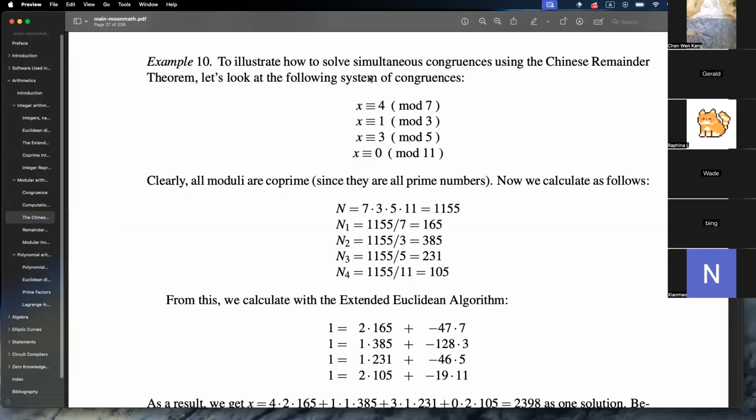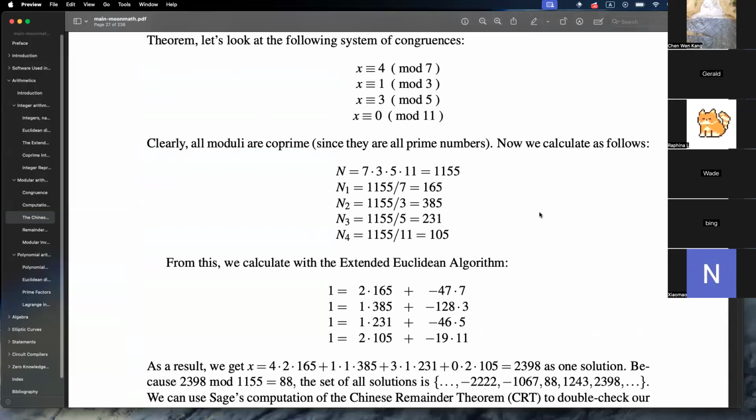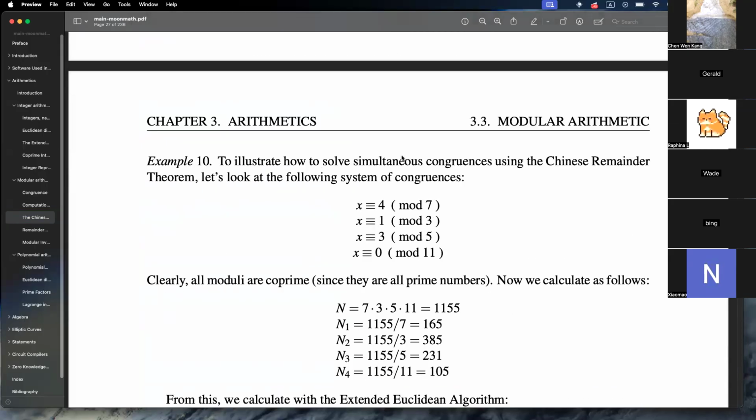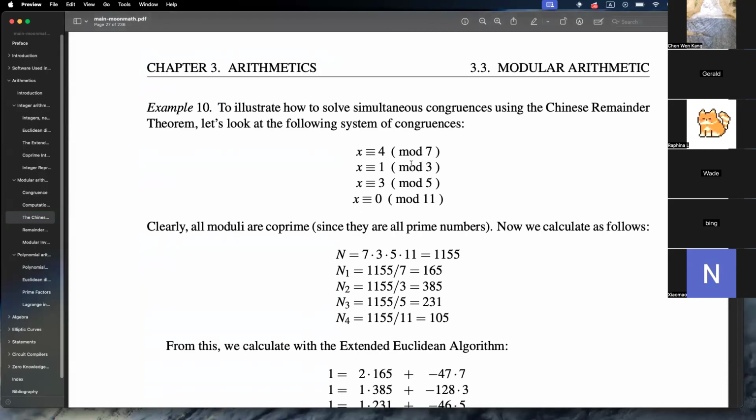In order to do that, they actually give us the full steps here, but let me see if I can pull up some notes. Yeah, it's fine. Essentially, we want to find an x value that satisfies all this. If you have pen and paper, feel free to do it on your end.